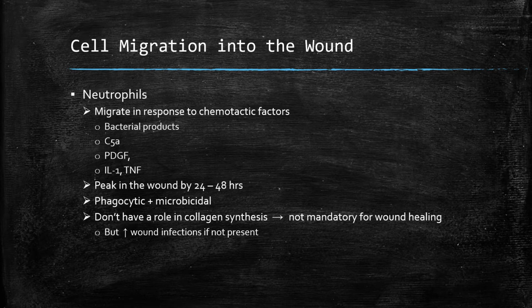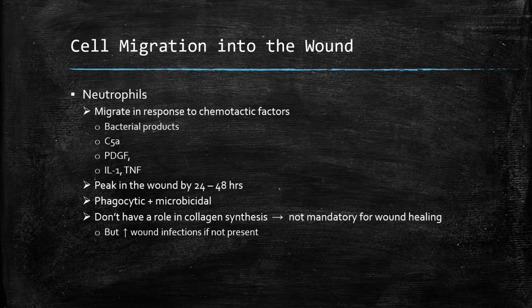Neutrophils are the first inflammatory cells to migrate into the wound. They migrate in response to various different chemotactic factors, including bacterial products, C5a from the complement cascade, platelet-derived growth factor from platelets, and interleukin-1 and tumor necrosis factor from tissue macrophages.